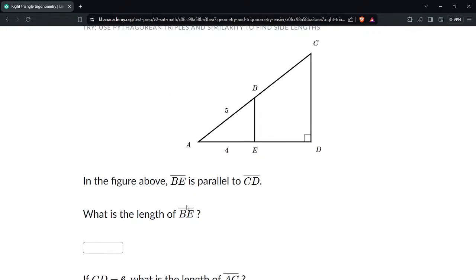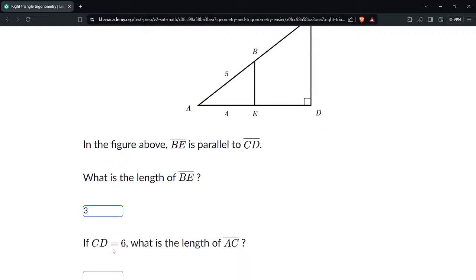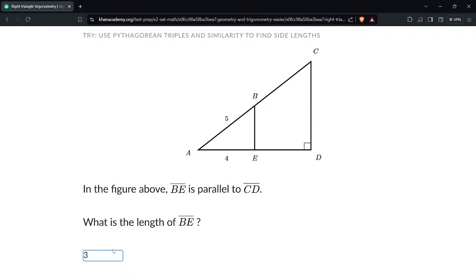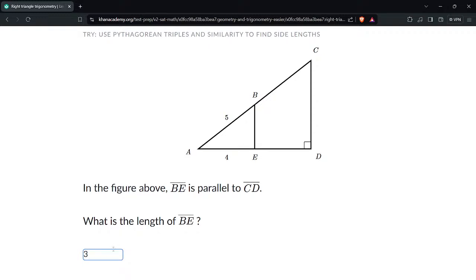What is the length of BE? The length of BE is 5 foot 3. So if CD is equal to 6, what's the length of AC? If CD equals 6, right? CD is equal to 6. This is actually a decent question. Well, that's fine.